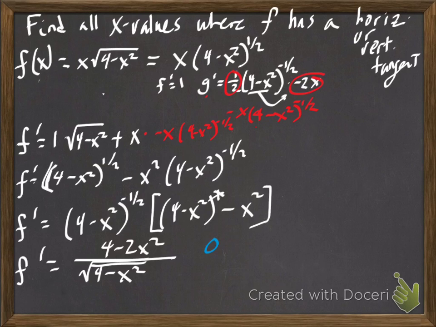So which of these two numbers is actually equal to 0? Is it 0 divided by a number, or is it some number divided by 0? As we know, you can't divide by 0 and get a defined result, so we need 0 divided by some number. In other words, to find a horizontal tangent, we need the top, the numerator, to equal 0. So I'm going to set this thing equal to 0 to find my horizontal tangent.